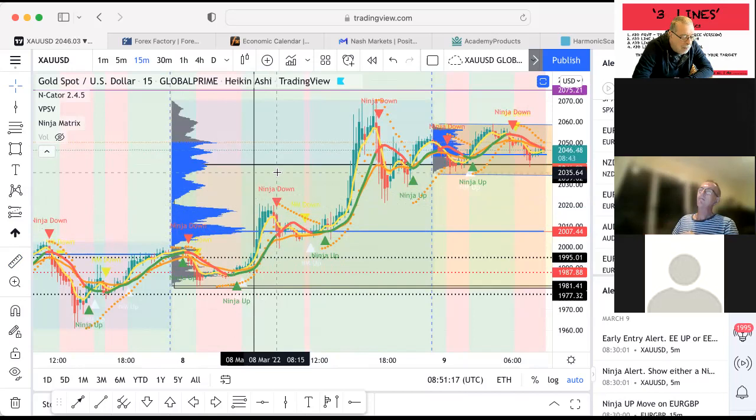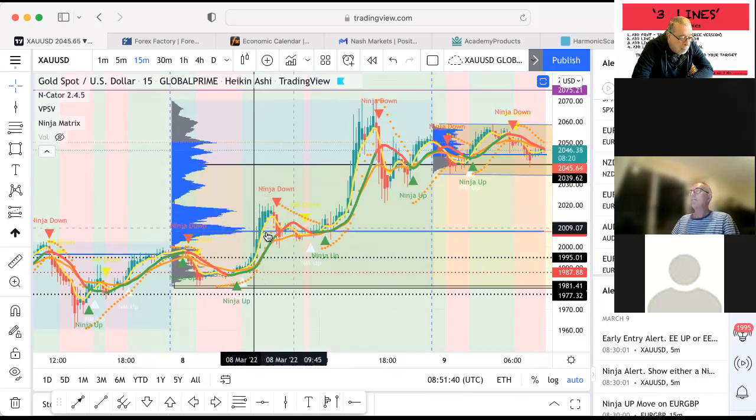But here's an example of why I don't entirely stick with that. If I'd stayed in until the matrix changed, I would have lost. I could potentially have lost quite a few pips. So I would have been happier getting out there. In reality, I got out there. But anyway, I still made 30 pips, which gave me my day's target anyway.